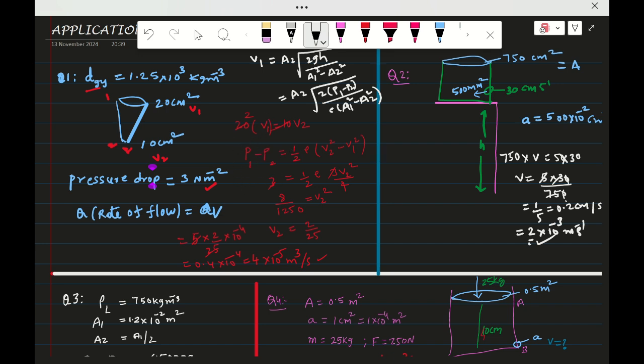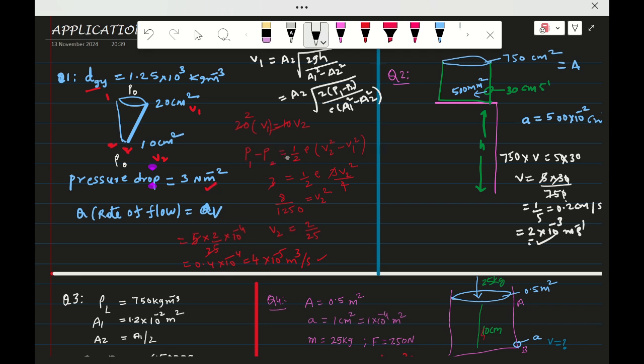The pressure difference is H rho g, because at point 2 it is exposed to atmosphere and at point 1 it is also exposed to atmosphere. The atmospheric pressure energy, the pressure head, will be cancelled. So the difference in the pressure H rho g will be there. That is given as 3 Pascal or 3 Newton per meter square.